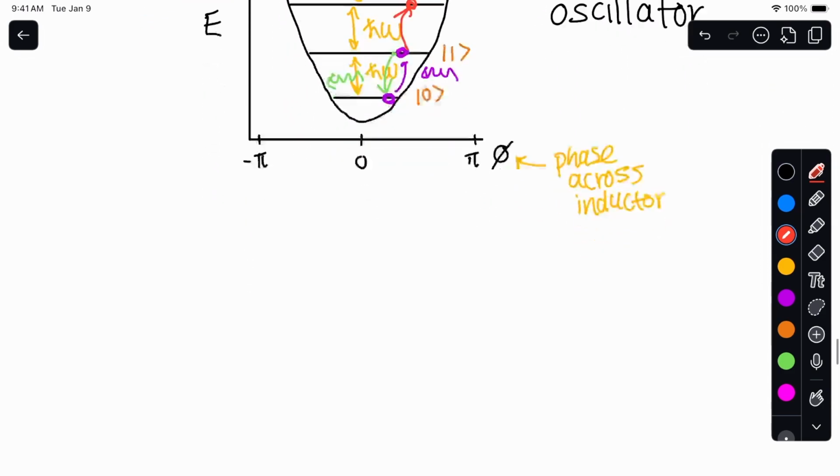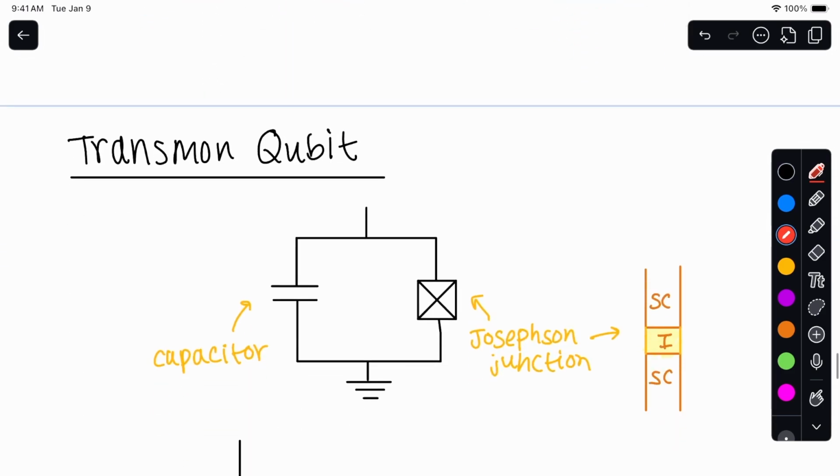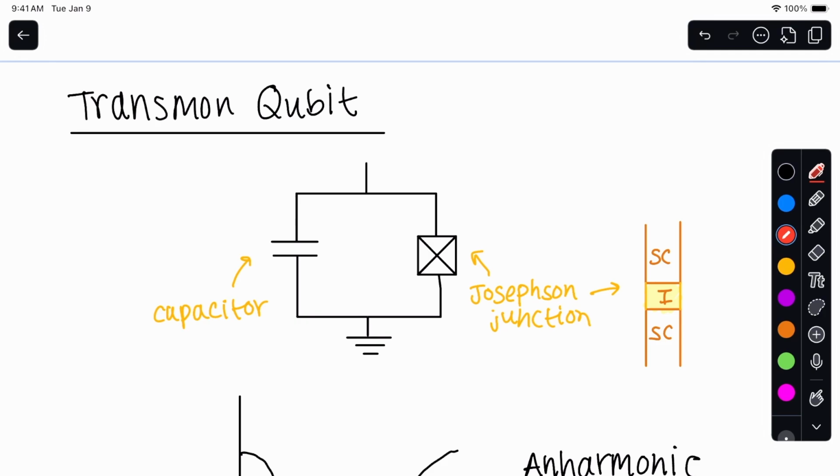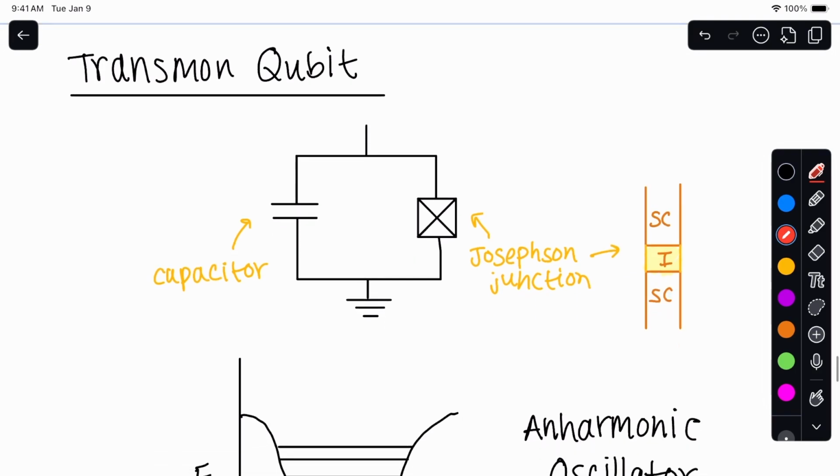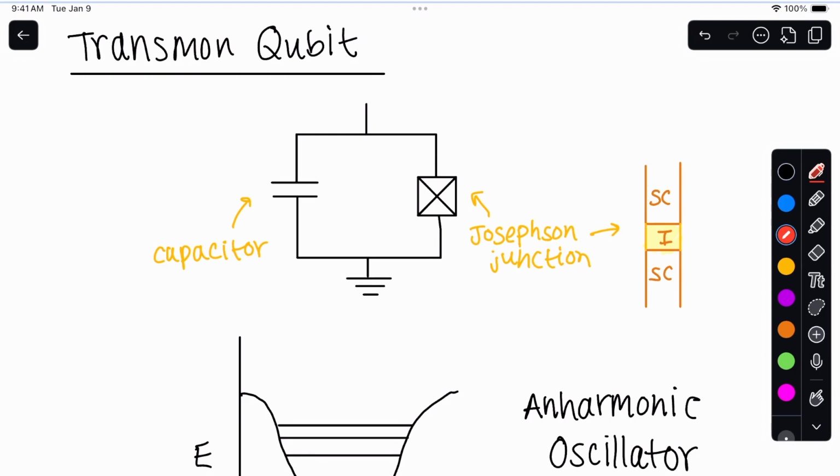To make this into a qubit, what we're going to do is swap out the inductor for a Josephson junction. A Josephson junction is just a superconducting nonlinear inductor, and this little circuit is called the transmon qubit. A Josephson junction is literally just superconducting metal with an insulating gap and then superconducting metal again.